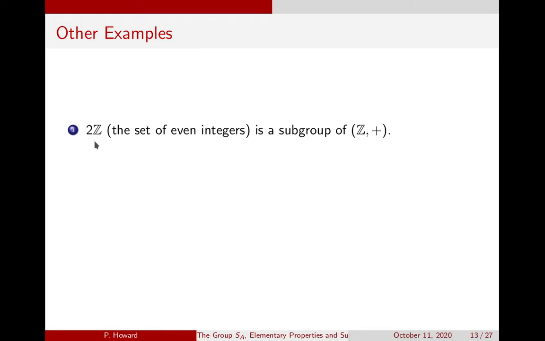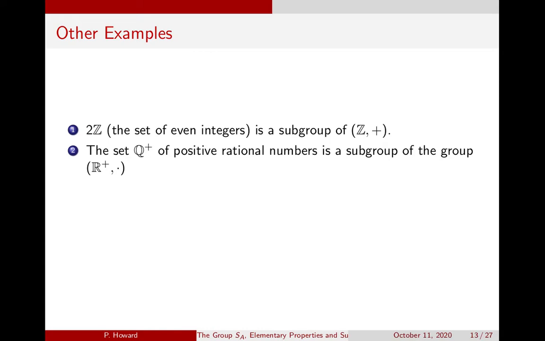Requirement 3, if you add 2 even integers, you get an even integer. That condition is fulfilled. And the inverse of every even integer. Well, the inverse of an integer in the group Z plus, the inverse of an integer n is minus n. And the negative of an even integer is an even integer. So 2Z is closed under inverses.